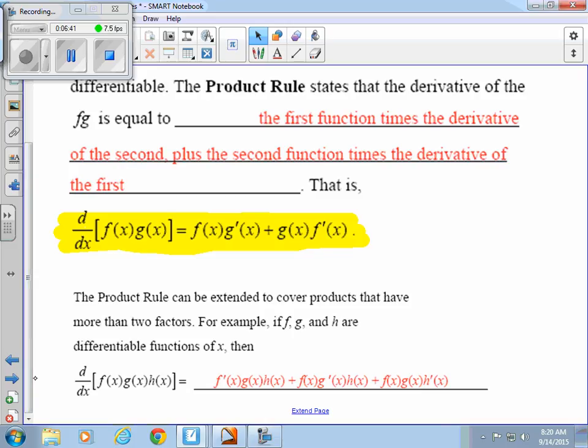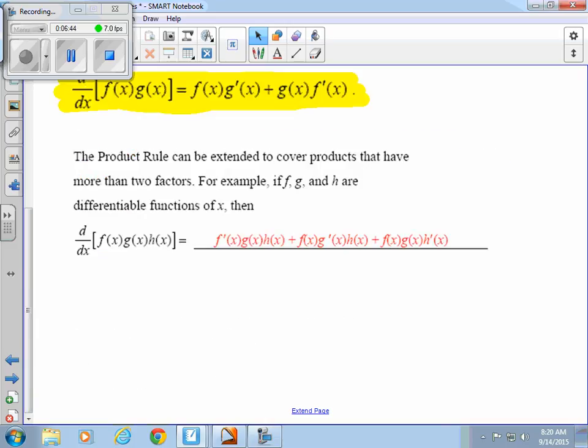This very rarely comes up, but just if it ever does, I want you to know how to deal with it. Again, it's very rare. But the product rule can be extended to more than 2 things multiplied together. If that happens, you take the derivative of one piece, leave the other 2 alone.